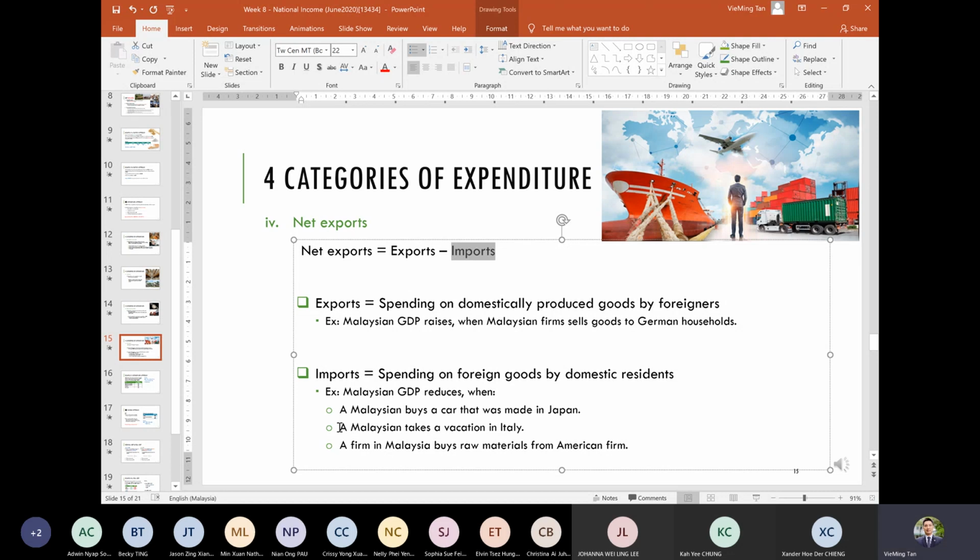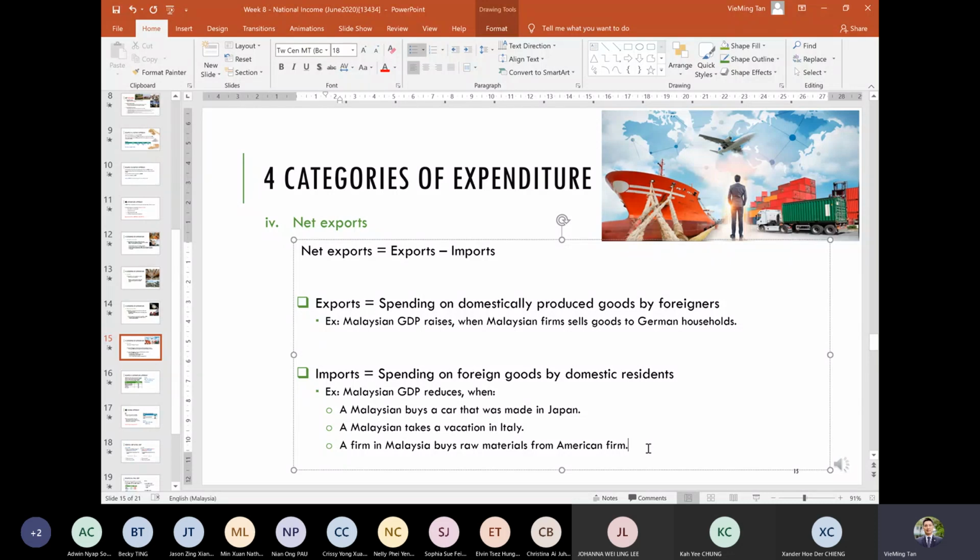Another example: a Malaysian takes a vacation, having a holiday in Italy. That will also increase the import of Malaysia and reduce the GDP. And another one is a firm in Malaysia buying raw material from an American firm. This will also increase the import and reduce the GDP.